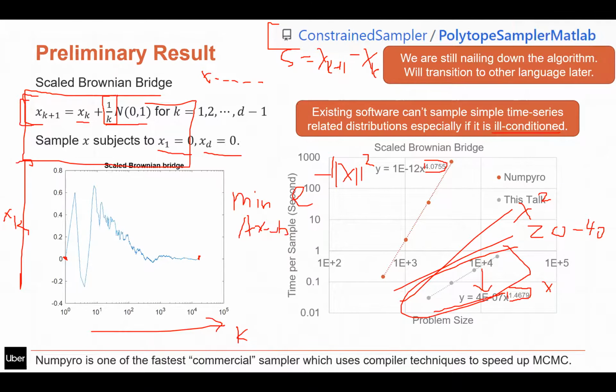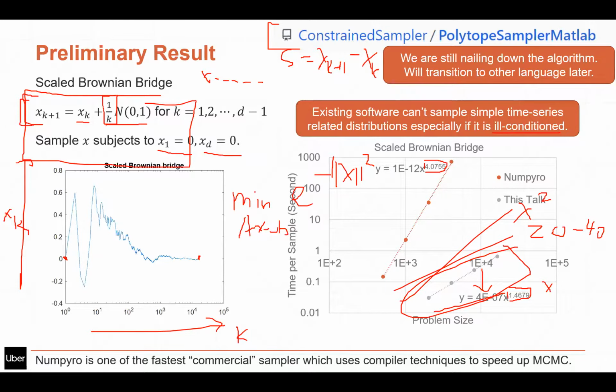And I guess one more question. This only makes sense if the density is the indicator of some polytope times e to the, like, a log linear function.